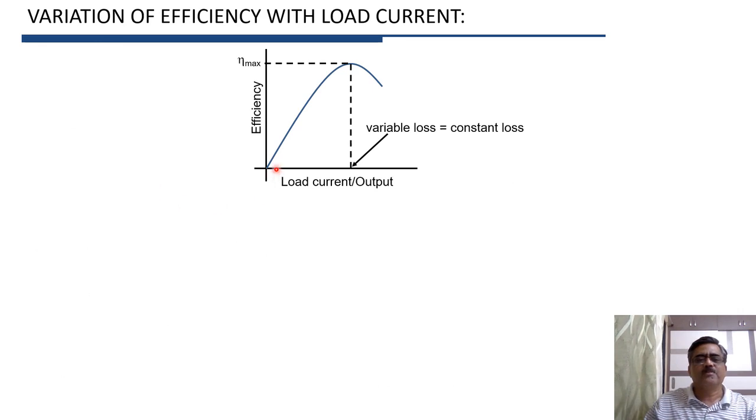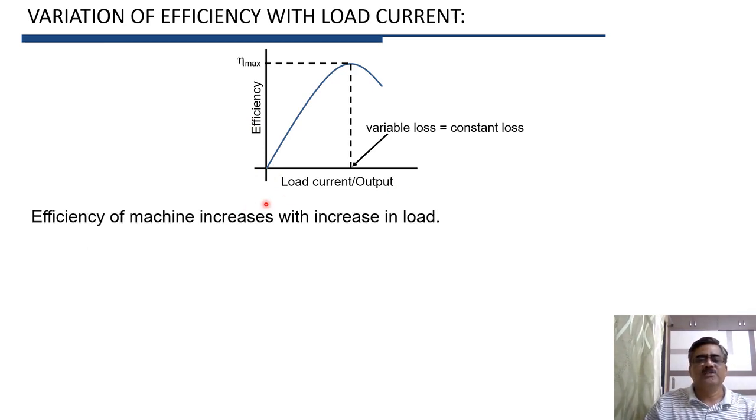Now this is a plot of efficiency versus load current or output power. Now when load on the machine is equal to 0, its output is also equal to 0, and therefore efficiency is equal to 0. Now when the load is increased, output power will increase and efficiency of the machine will also increase.